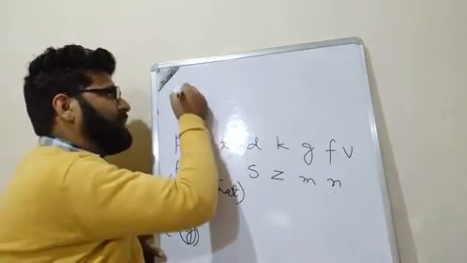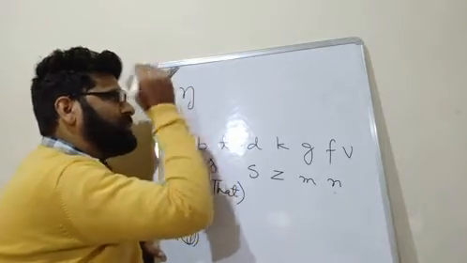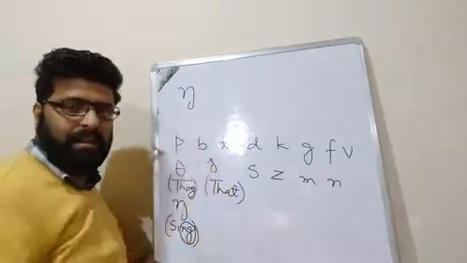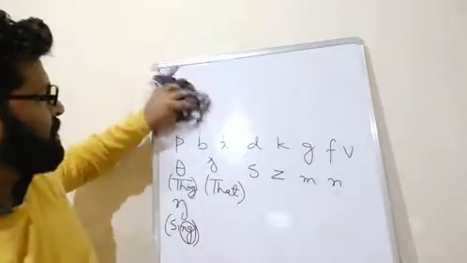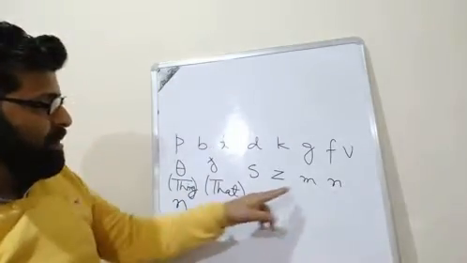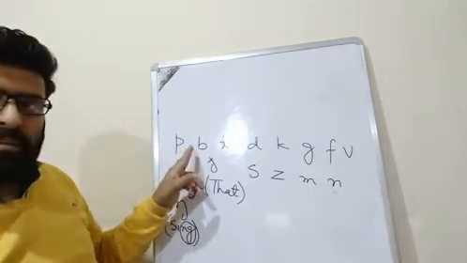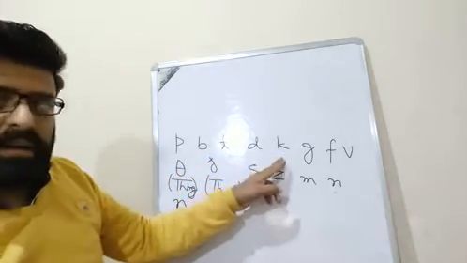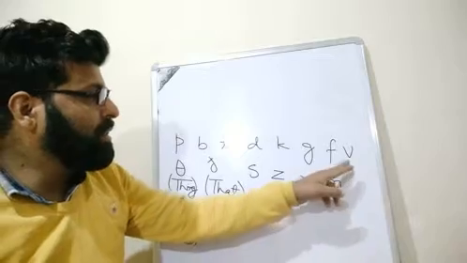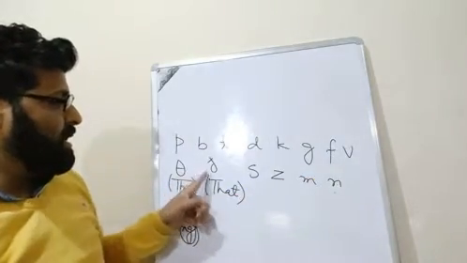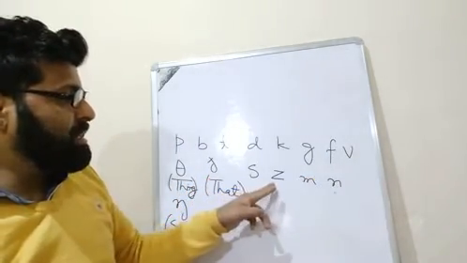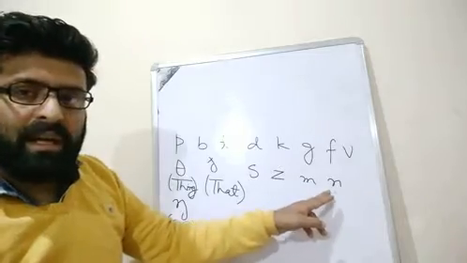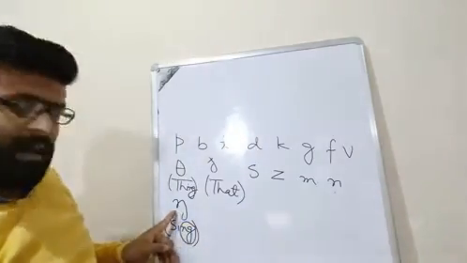First we write an N, then we do this. This is ang sound. Okay. P, B, T, D, K, G, F, V, th, the, S, Z, M, N, ang.